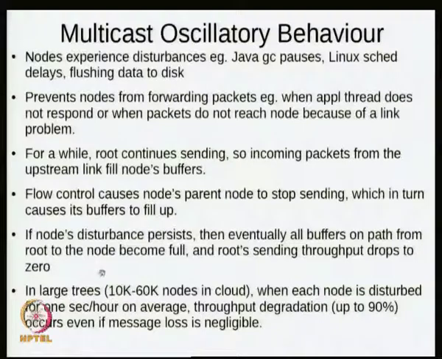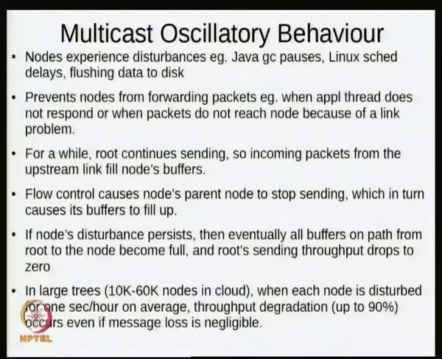And actually people have shown that if you have a very large tree, let us say 10,000 to 60,000 nodes, and this is actually a small system in current days on the web. I think Google has, for example, at least 1 or 2 orders of magnitude more nodes.